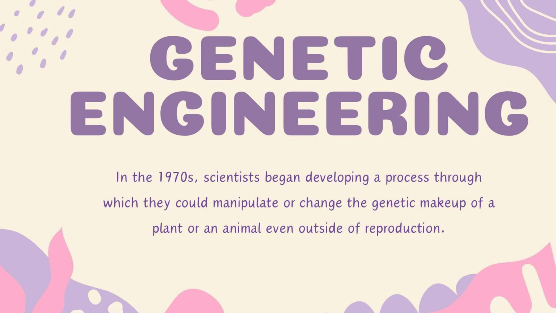Okay? So, in the 1970s, scientists began developing a process through which they could manipulate or change the genetic makeup of a plant or an animal, even outside of reproduction. So, si genetic engineering, hindi lang siya basta imo-modify ka niya.